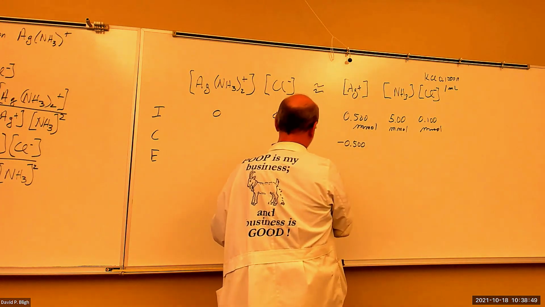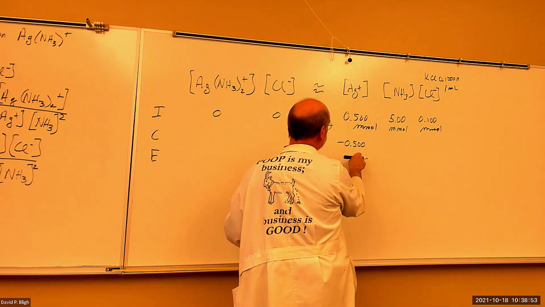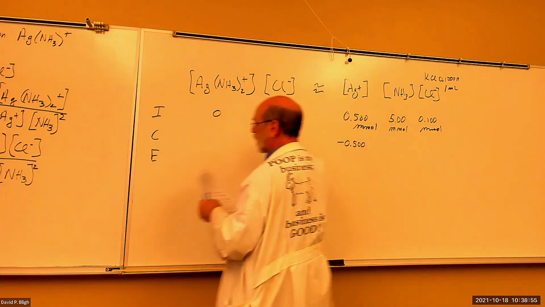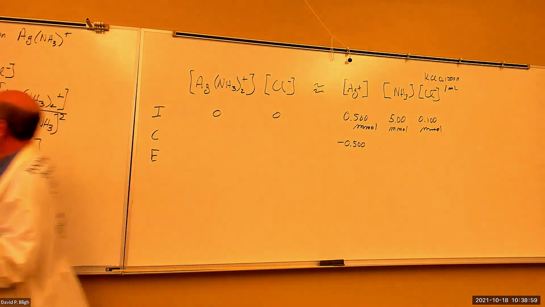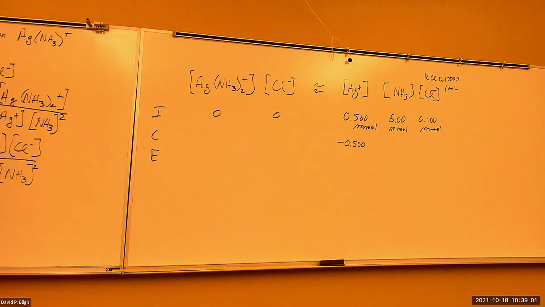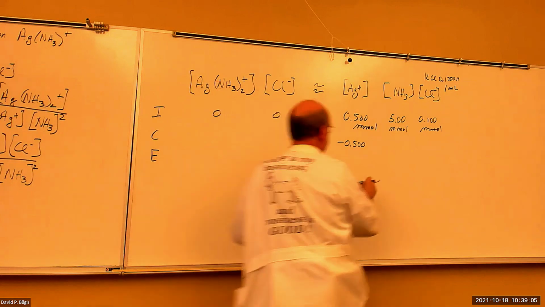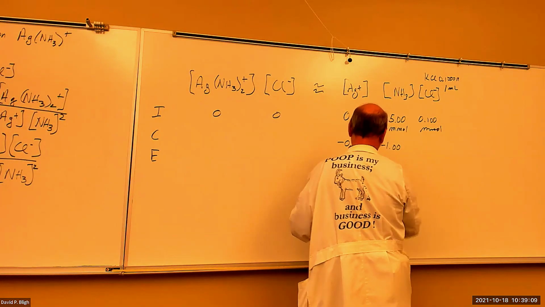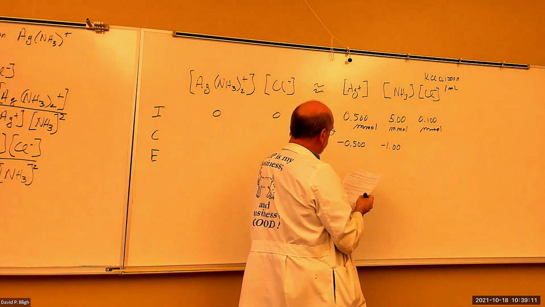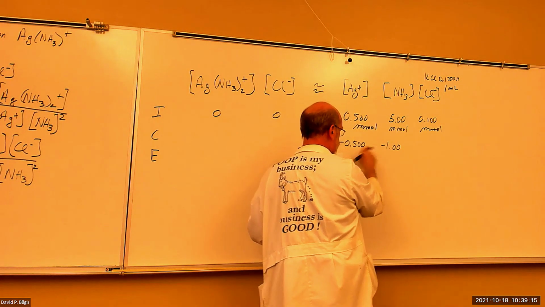And since the ratio is 2 to 1, 2 of these for every one of those, and I just walked off screen again, that means this one would be 1 millimole. Okay, so if we're using up all that, we have to use up 1 millimole of this because it's 2 to 1.